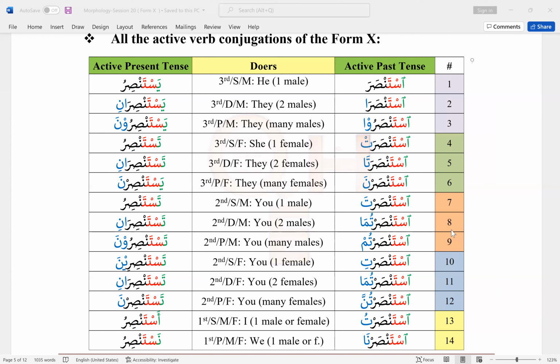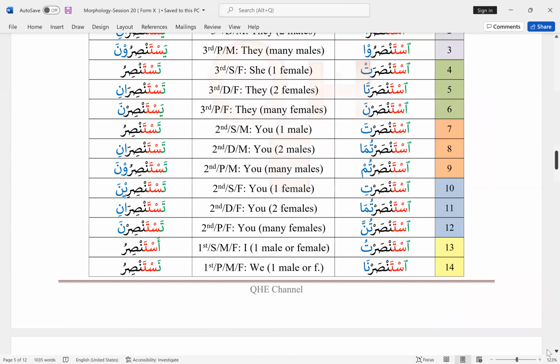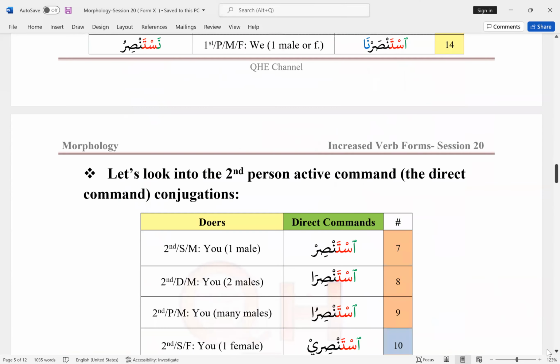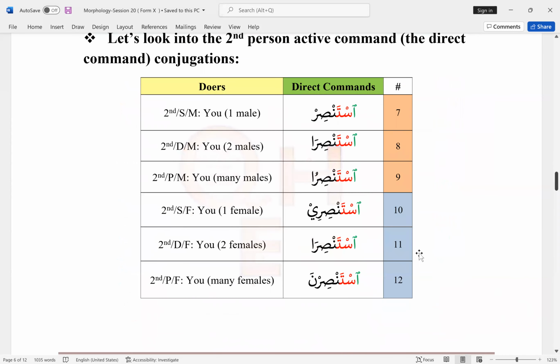We are going to go over the second person, only the second person conjugations, these 6 conjugations in terms of command form. So let's go over them, inshallah. So we have the command forms, the direct command forms, okay? Direct command forms are 6 conjugations. Command form direct means it is referring to you.